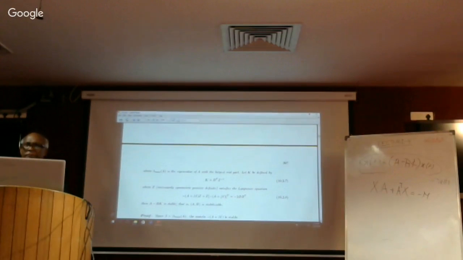And if you construct your matrix K as B transpose Z inverse, then that K is such that A minus BK will be stable. You understand what I'm saying?